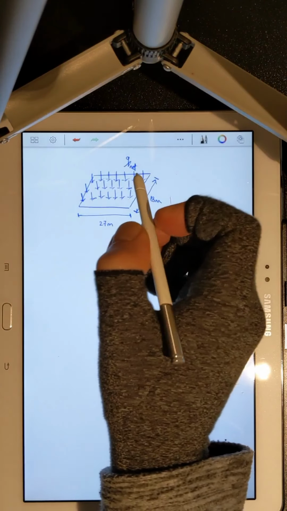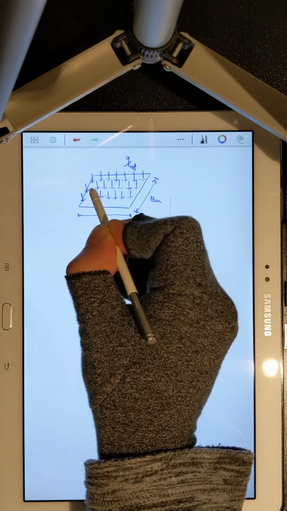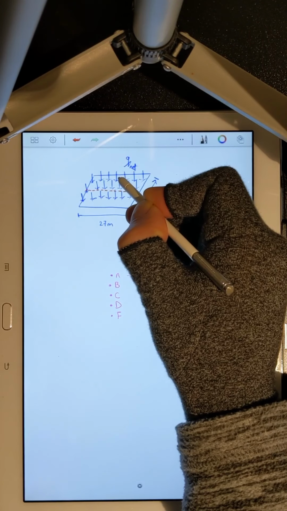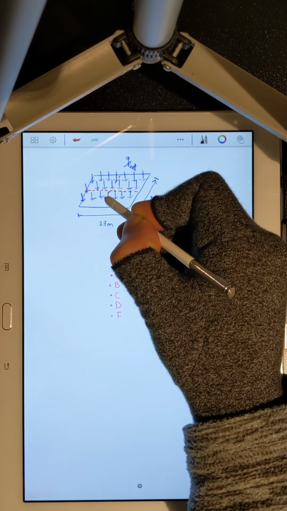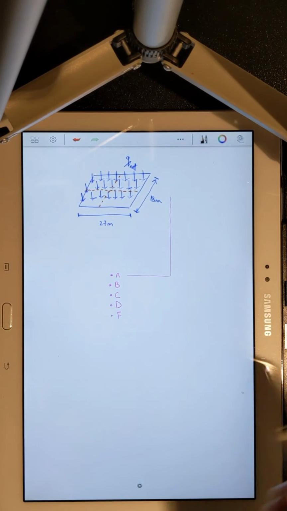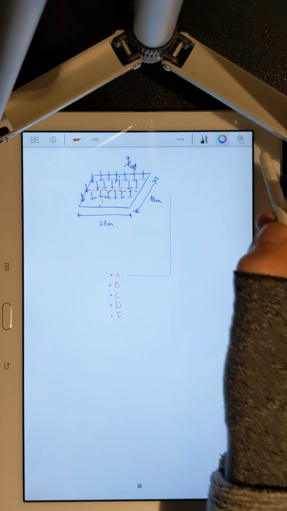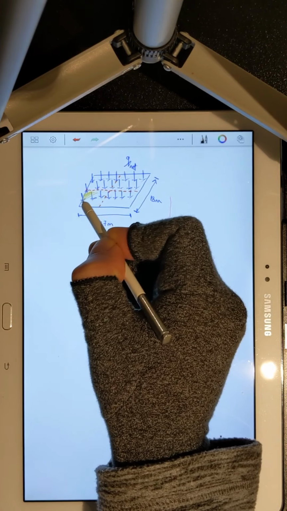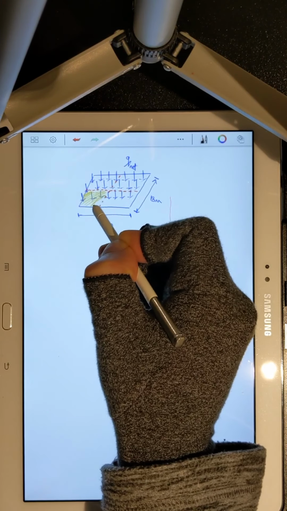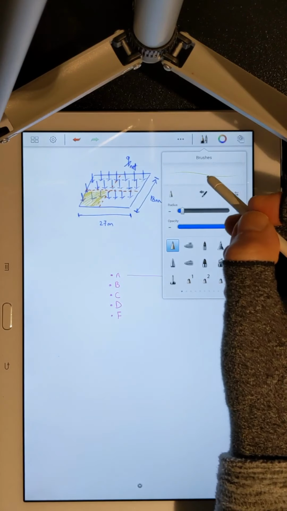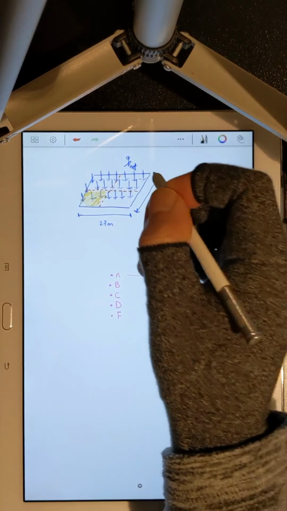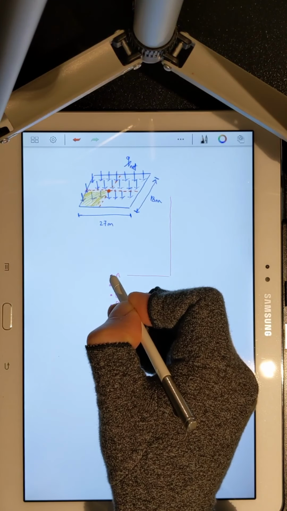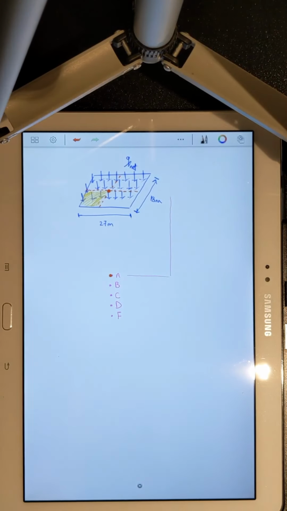And to go around this problem, what we normally do is that we split the surcharge area into 4 smaller areas, area 1, 2, 3, and 4, and we determine for each of these areas the value of stress at the point of interest and at the corner of that sub area.